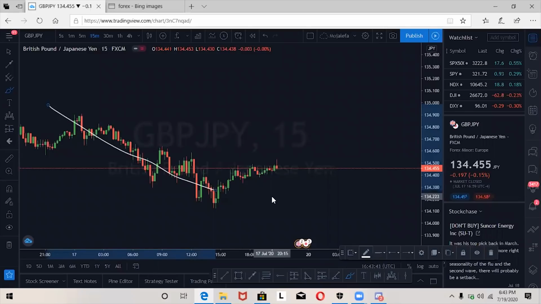So remember, fundamentals always change the structure of the market. Usually if the pair was going up smoothly, the fundamentals are most likely to make that pair go down. That's how they actually affect these pairs. So if that pair was going down, the fundamentals can make that pair go up.